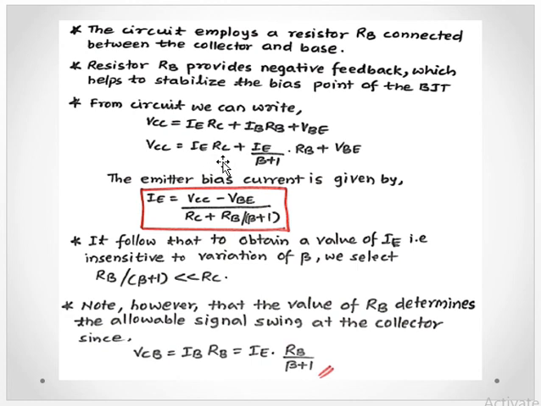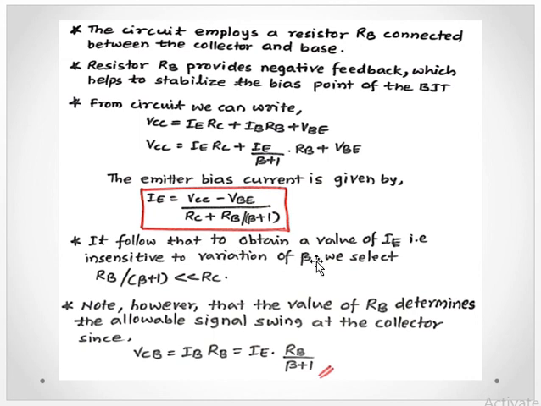Further substituting for IB as IE divided by beta plus 1, the emitter current IE expression can be calculated. IE, if you take common, it is RC plus RB divided by beta plus 1, VCC minus VBE. So IE can be given as VCC minus VBE divided by RC plus RB divided by beta plus 1.